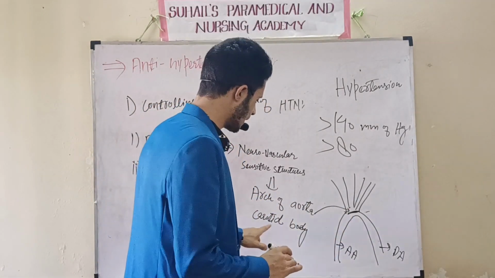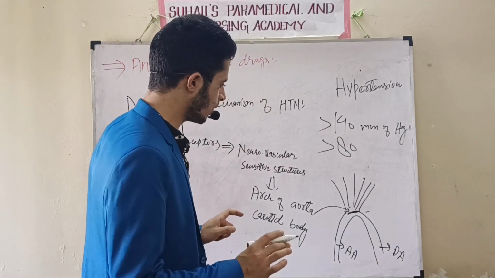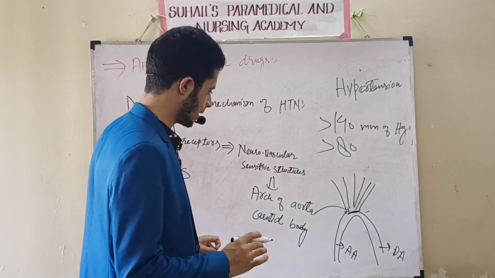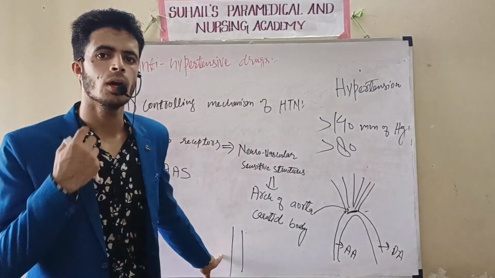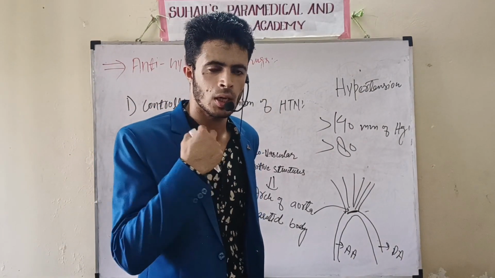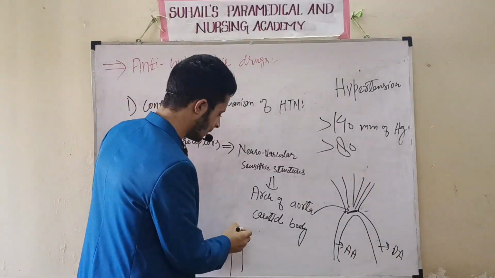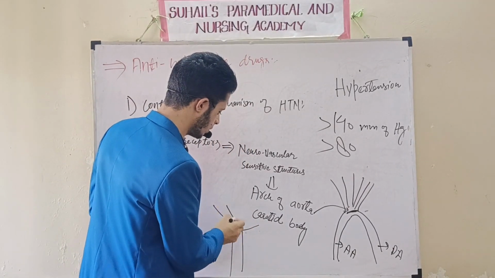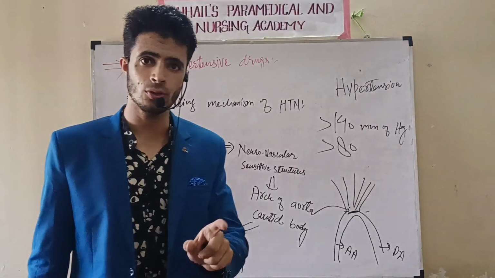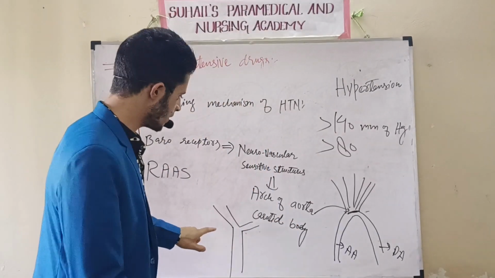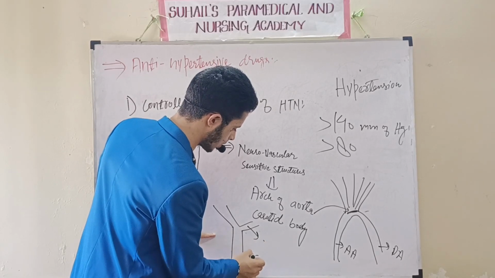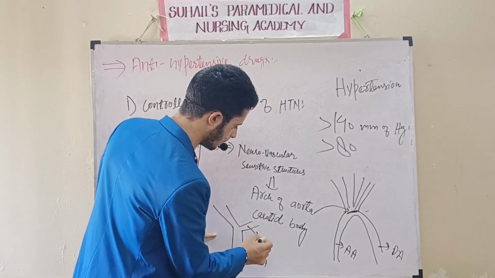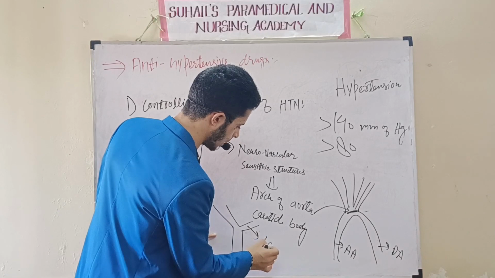That is one thing. Another is the carotid bodies. Remember one thing: this is the common carotid artery. We all have the common carotid artery. The common carotid artery bifurcates into two arteries.